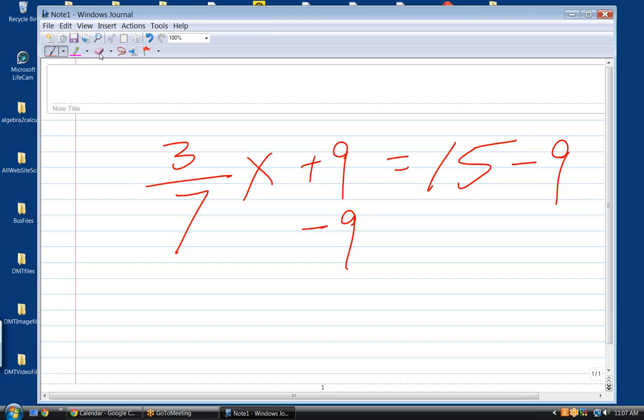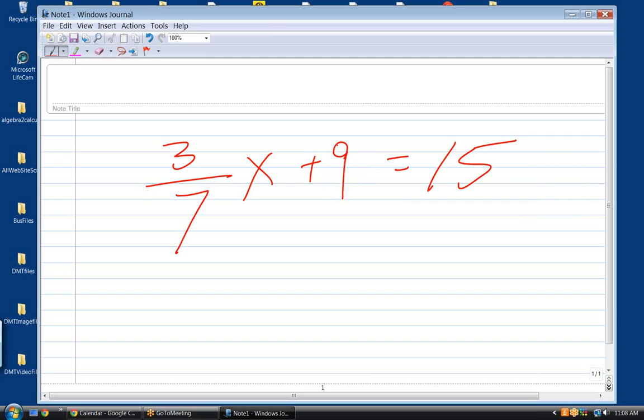Yeah. Okay, well, the other way to look at it, I mean, what's the point of expending the energy to write that right there? I know that that's going to be 0, right? Yeah. Okay, so why write it? The way I look at it is if I have a number that's being added to one side of the equation and I want to move it to the other side, I just move it over there and change its sign.